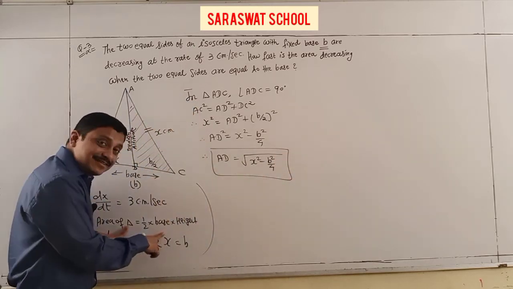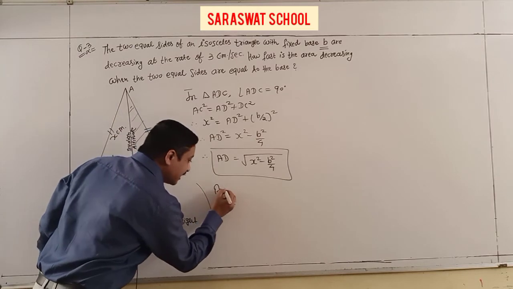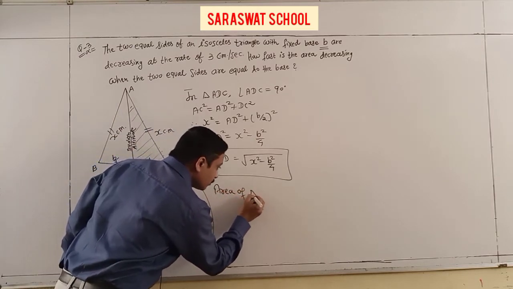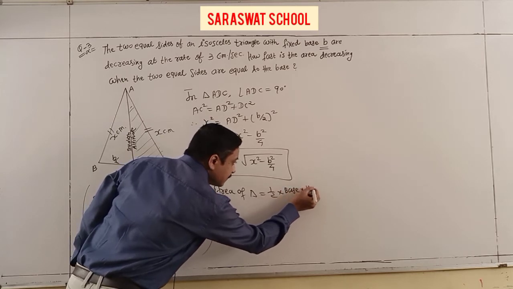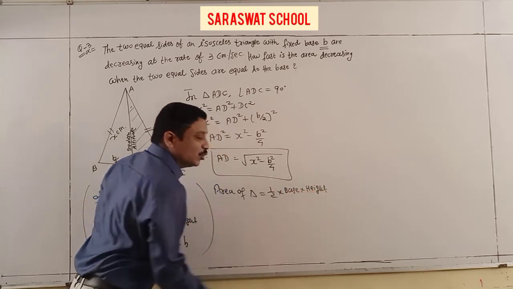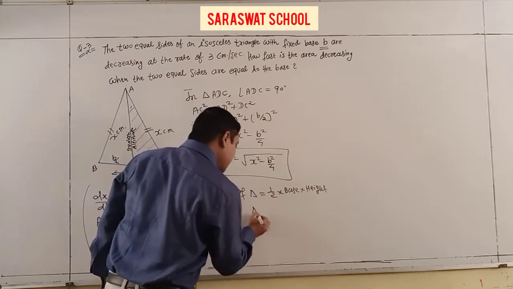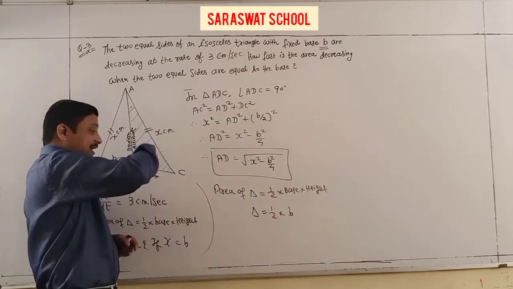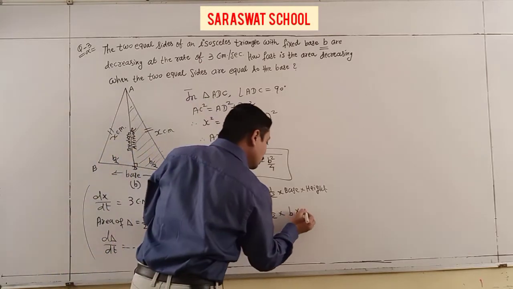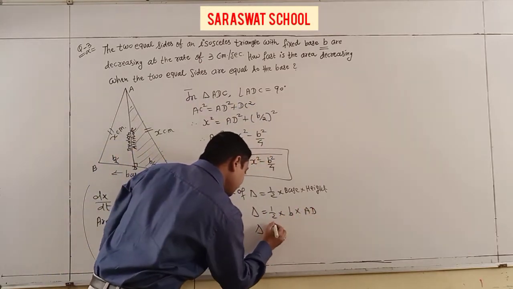Now I start area. So area of triangle, yes, half into base into height. And students, both values are known now. What is the half with base? Base is b and height is AD. AD is my known value indirectly.